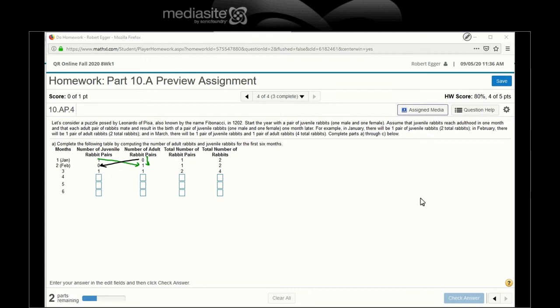Since there's no juveniles, there's no one to grow up to be adults. So 1 plus 0 is 1. But we have one set of adults, so that we'll have some juveniles. Oop, kind of blocked this guy a little too much here.